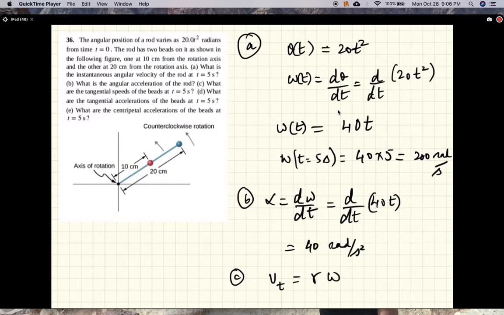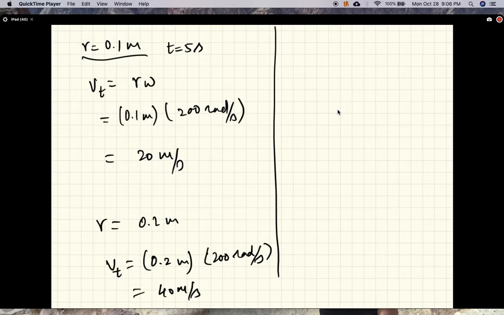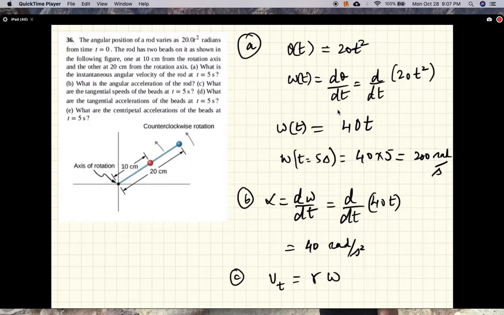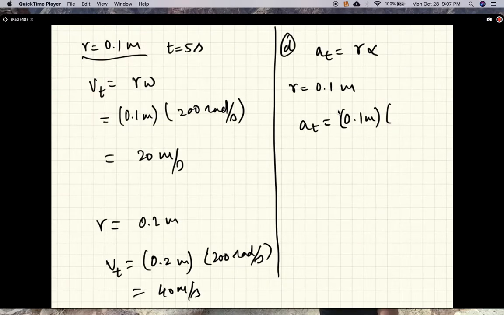Okay, and then what are the tangential accelerations of the beads at t equal to 5 seconds? So the tangential acceleration is rα. For r equal to 0.1 meters, the tangential acceleration is 0.1 meters times α, which is 40 radians per second squared.